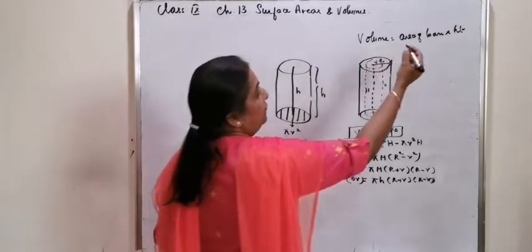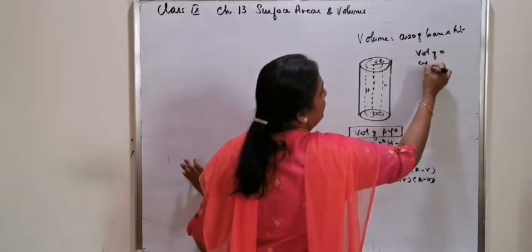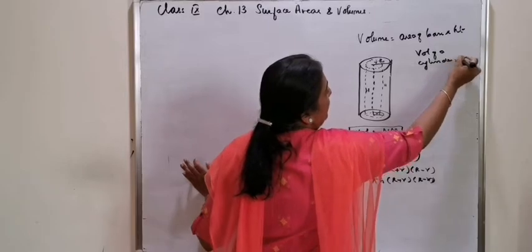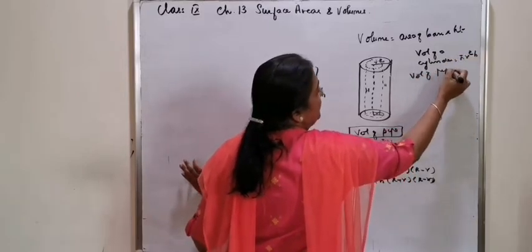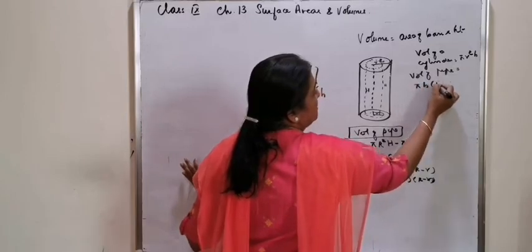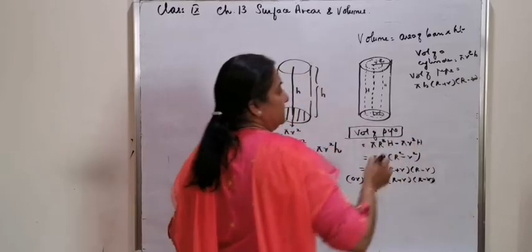Thus, the two formulas under cylinder: volume of a cylinder is equal to pi r square h, volume of pipe is equal to pi H into R plus r into R minus r.